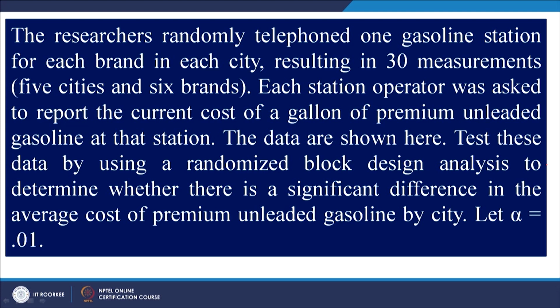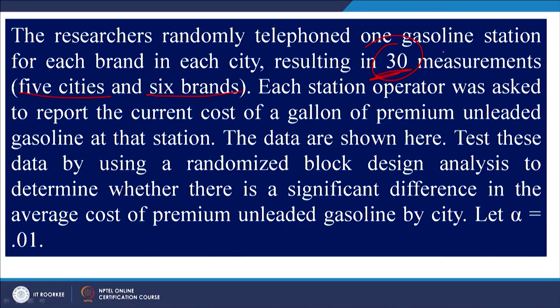They randomly called the gasoline stations, and there were 6 brands of gasoline across 5 cities. So, in all they collected data from 30 gasoline stations, wherein they chose one brand and one city.